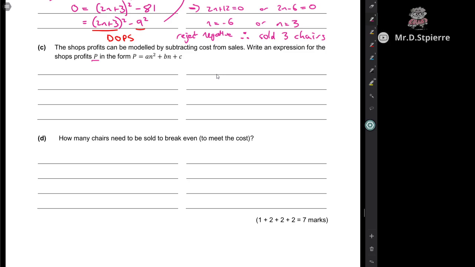So what is left after we pay costs, so we do our sales, take away our costs, what is left over is what we call profit, which is what we as a business actually get to take home. So P is going to equal S take away C in this case.